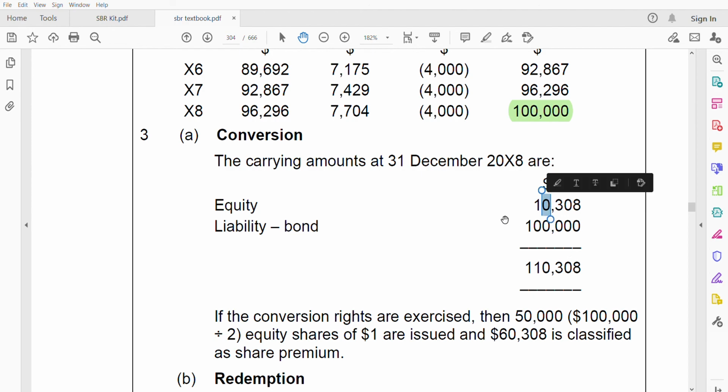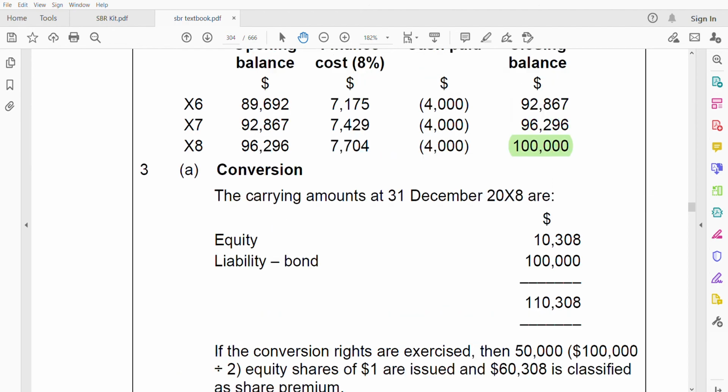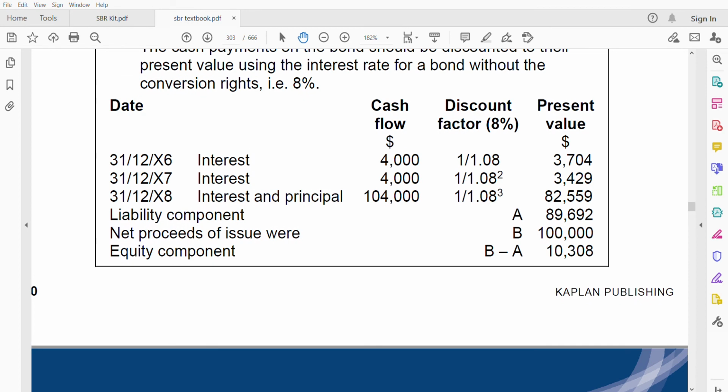No. When you see in working one, this 100,000 is the net proceeds of the issue. We are receiving this much. Out of it, what is the liability component and what is the equity component? But this amount will remain fixed only. This is only our convertible bond, 100,000.